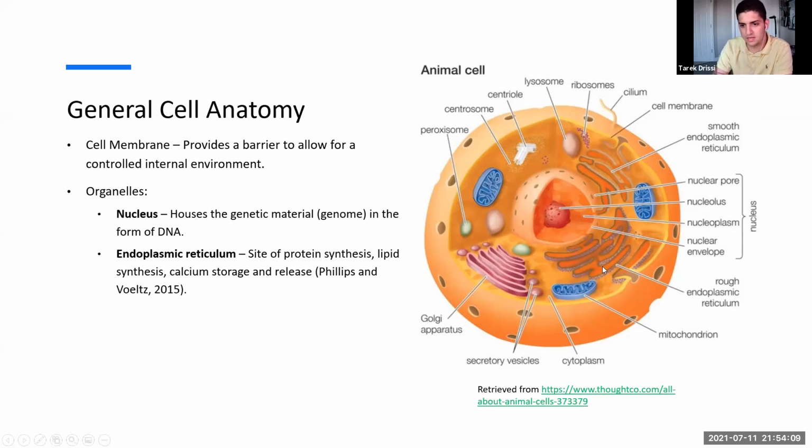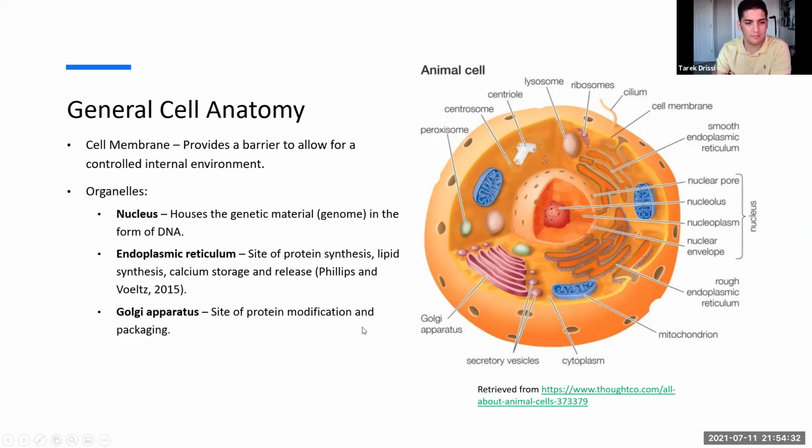The endoplasmic reticulum is the next thing out, and it is the site of protein synthesis and lipid synthesis. So it builds proteins as well as fats, and it also stores calcium, which is important in signaling, as well as in muscles to allow for muscle contraction.